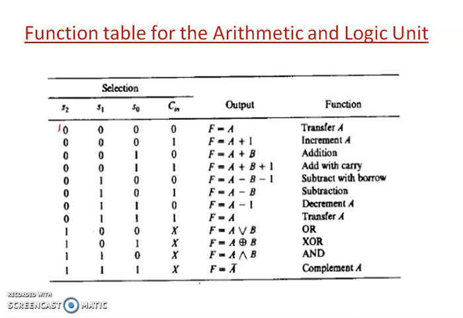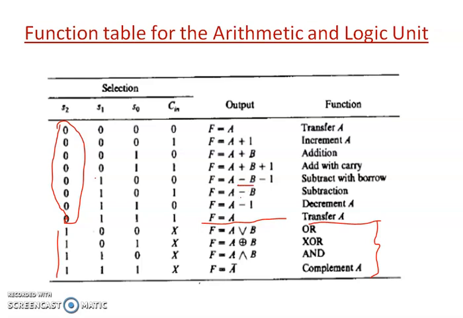Here you can see that if S2 is equal to 0, it performs the different arithmetic operations, and if S2 is equal to 1, it performs the different logic operations. And if S1 is equal to 1, then it performs what?